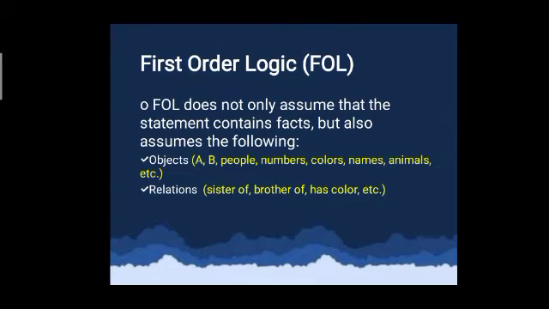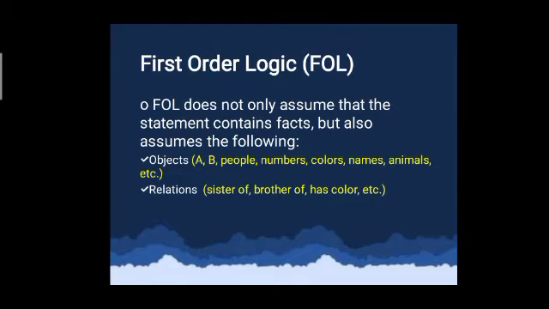It explains the relation between two people, like she is the sister of her, he is the brother of his, like that. It just explains the relationship between those objects.